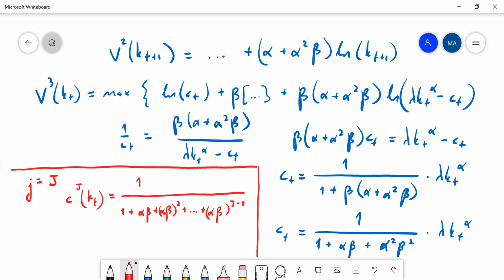Okay, and you have lambda KT alpha here. So what happens if j goes to a very large number? Of course, that's going to be converging, right? Because that's a geometric sum. So that will converge.